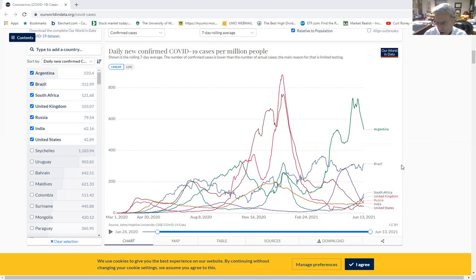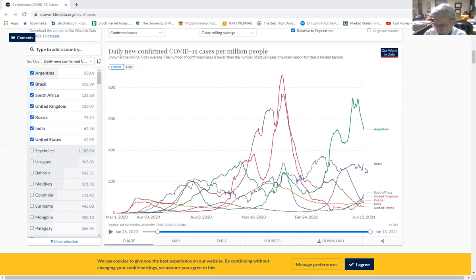But please look at this chart now, just at the shape of the lines. What do you see that's interesting here? First of all, the US and the UK have pretty much marched in step, but Argentina and Brazil have taken their own way. They're not on the same pattern that the US and the UK are.